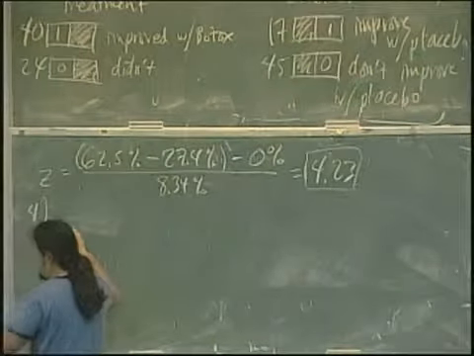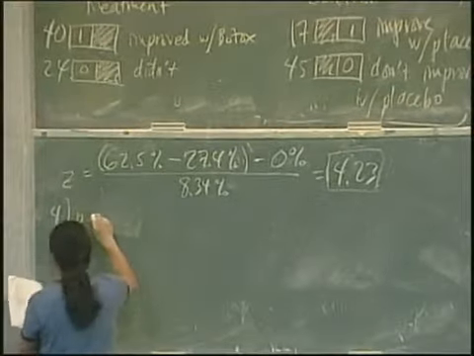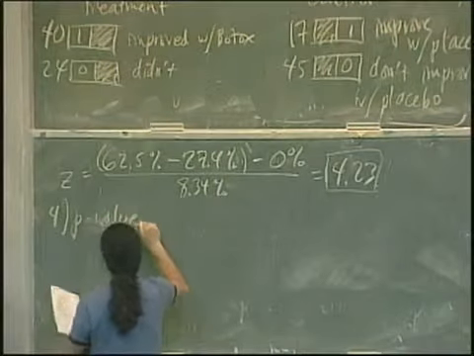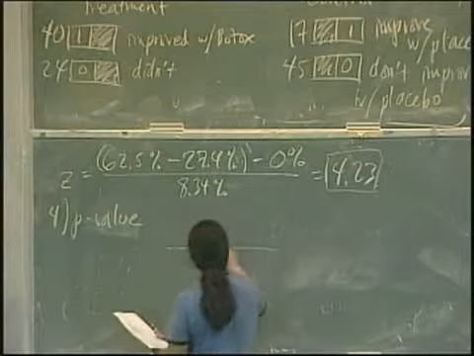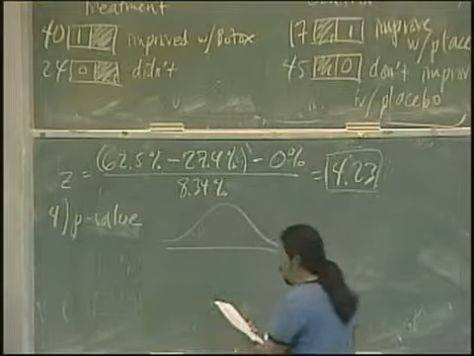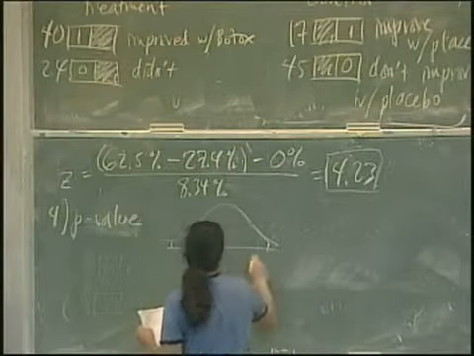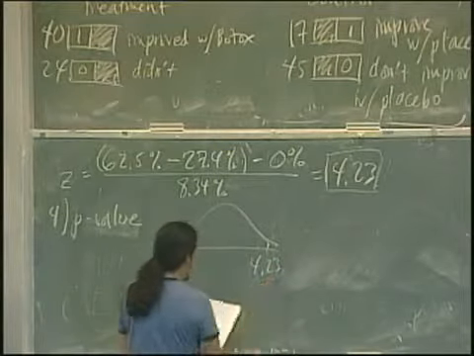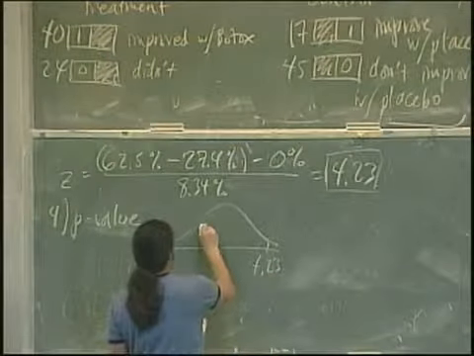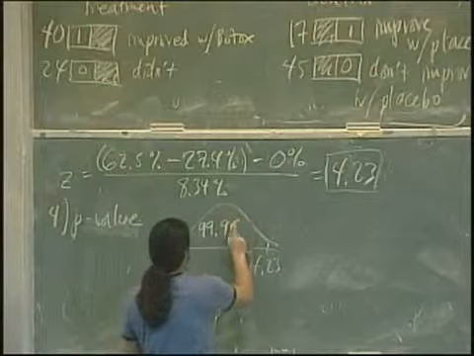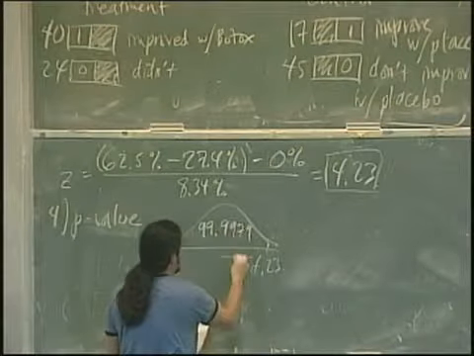Step 4 is to get the p-value. And this is almost off the table. If you look up 4.25, you get 99.9979 in the middle.